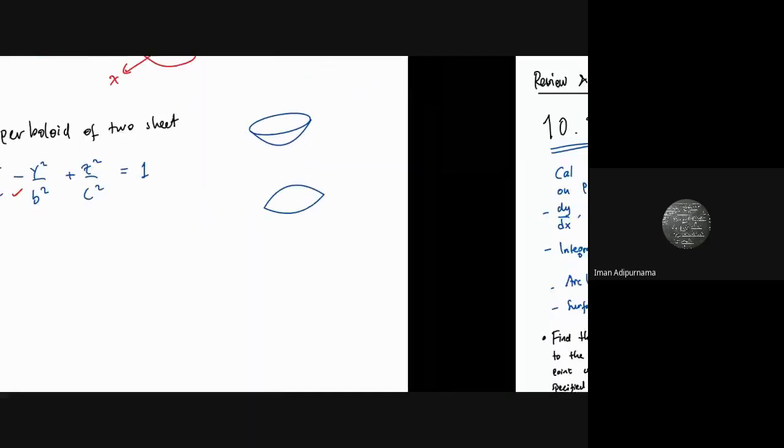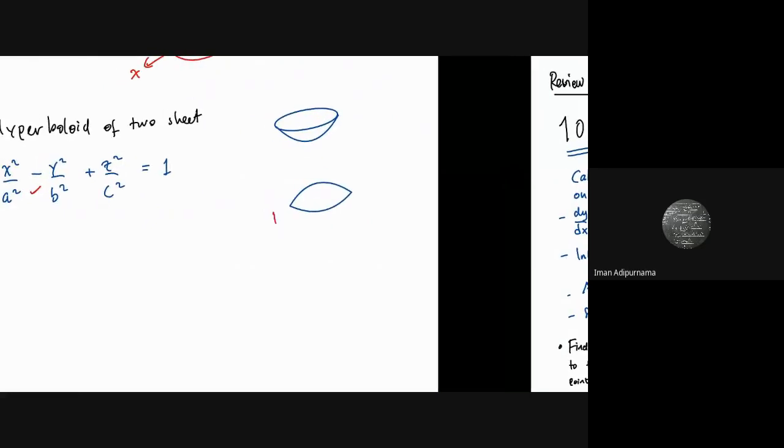Okay, hyperboloid of two sheets, the horizontal trace: if you make z constant, this is an ellipse, if k is greater than c, or if k is less than negative c.